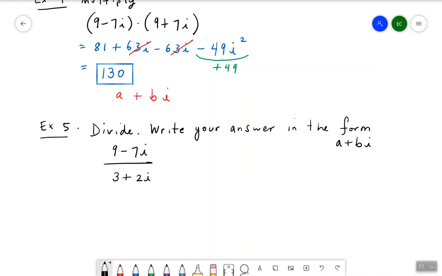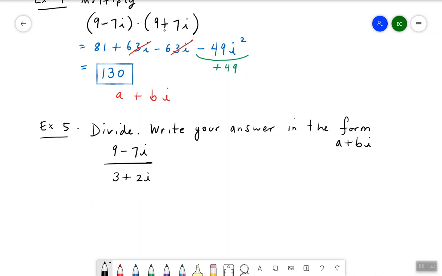So what we're going to do is we're actually going to take a cue from the previous example. In the previous example, we multiplied 9 minus 7i by its conjugate. The conjugate just means that it's exactly the same as the first factor, except for the sign in the middle is switched.